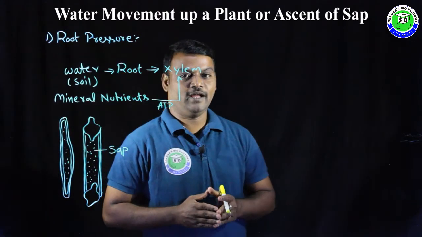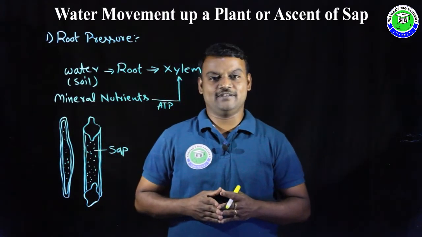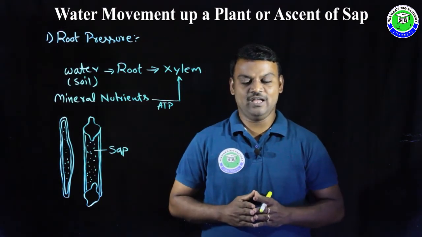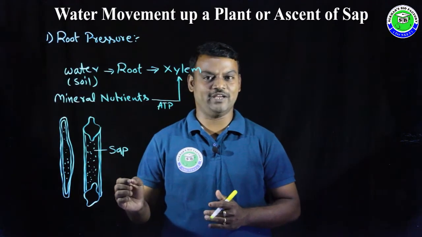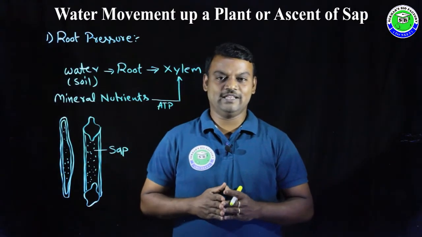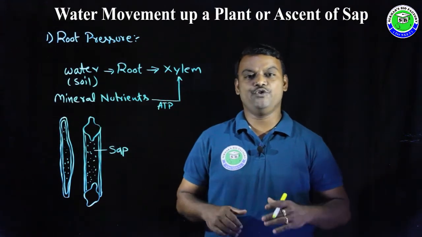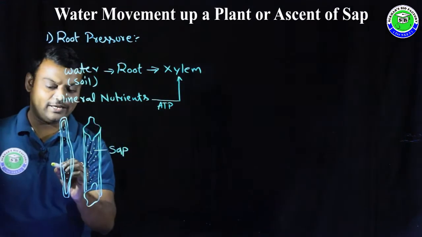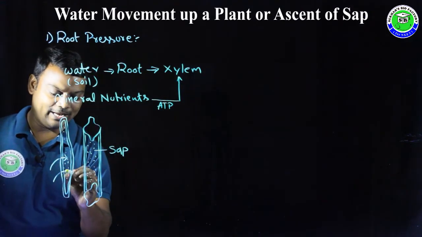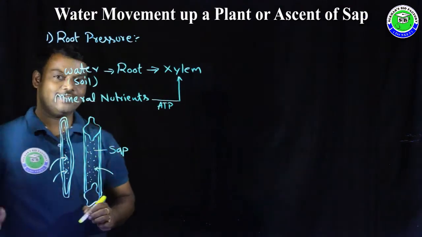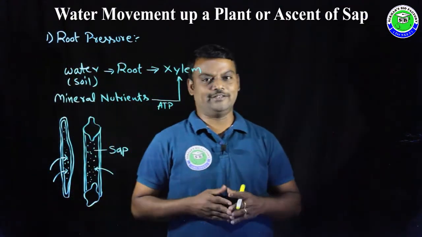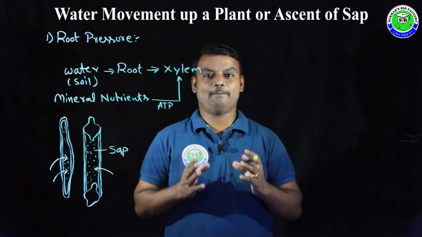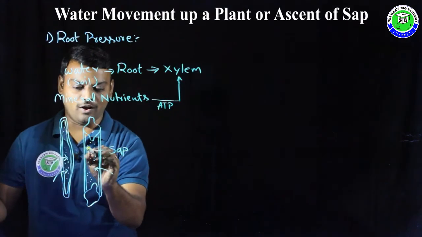In this sap, due to more mineral nutrients, the concentration increases and water potential decreases. Due to the low water potential inside the xylem cells, water continuously diffuses into the root and finally reaches the xylem cells. Inside the xylem, due to the entry of more water, this water creates some pressure on its surrounding walls.